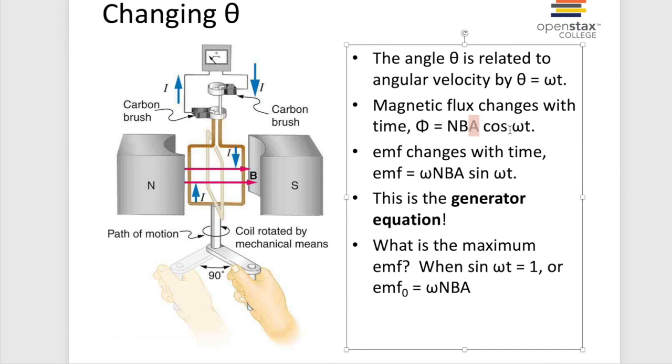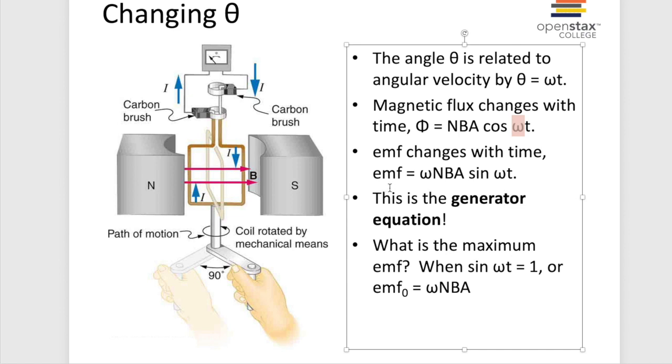Cosine is just a cosine term. Omega times t is actually the angle, but since the angle is changing, we use omega, which is the rotational velocity. It's the radians per second, or the RPMs of the rotation of our coils, and t is however much time has gone by.